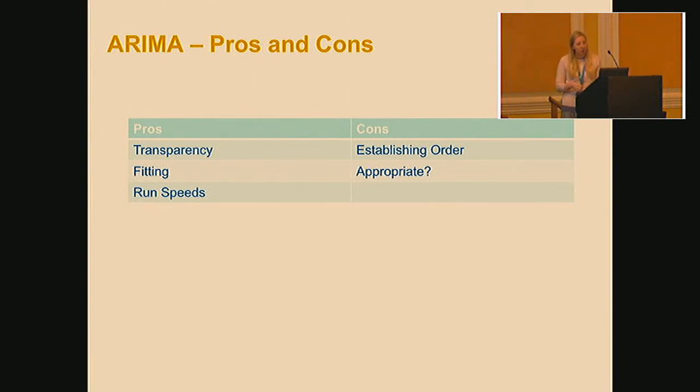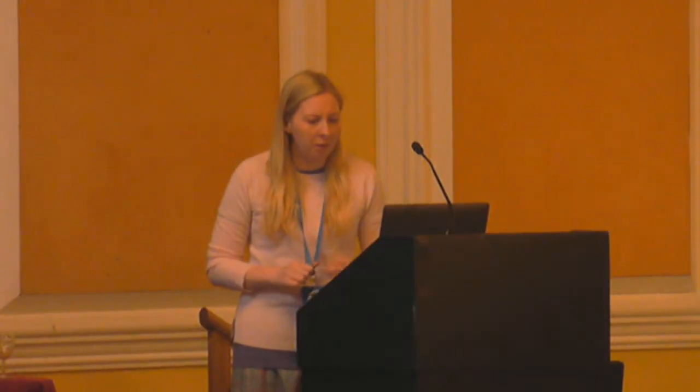It was sort of like picking the set by trial and error, which wasn't too great. But once you've established your order, the ARIMA model was much easier to fit. You just say, give me an ARIMA 2, 1, 3, or whatever, and it will give you that. And the run speeds were fast. It never really got beyond 1 second to run the ARIMA models.